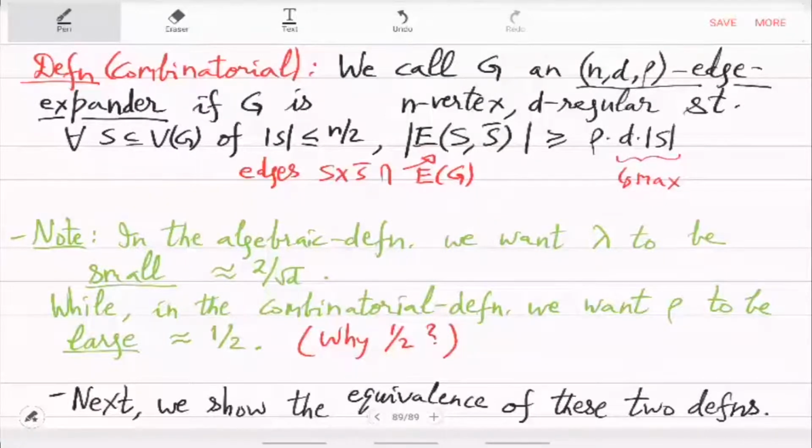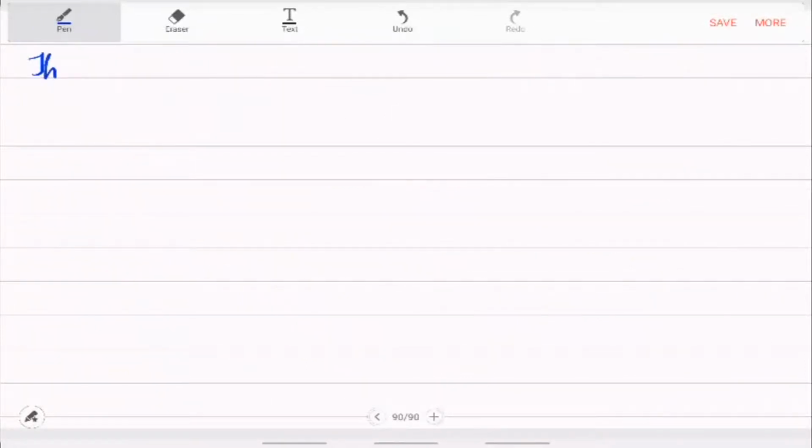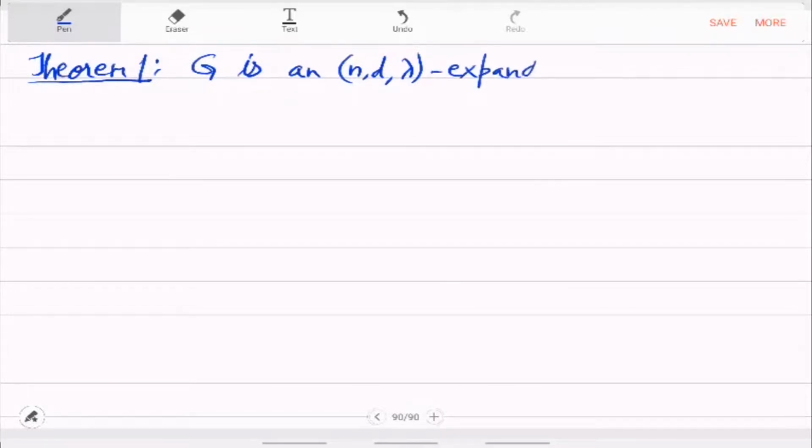So here it is. First we will show that if G is an (n, d, lambda) expander, so the algebraic definition, then G is also an (n, d, (1 minus lambda) by 2) edge expander.